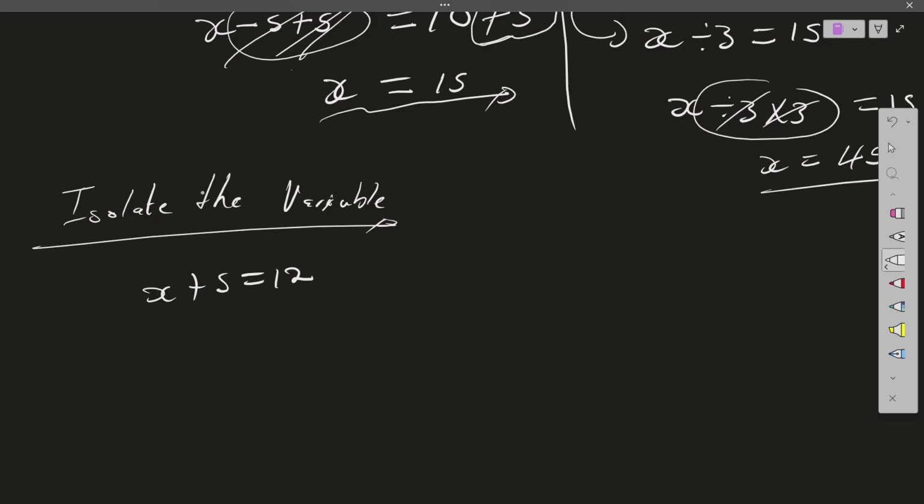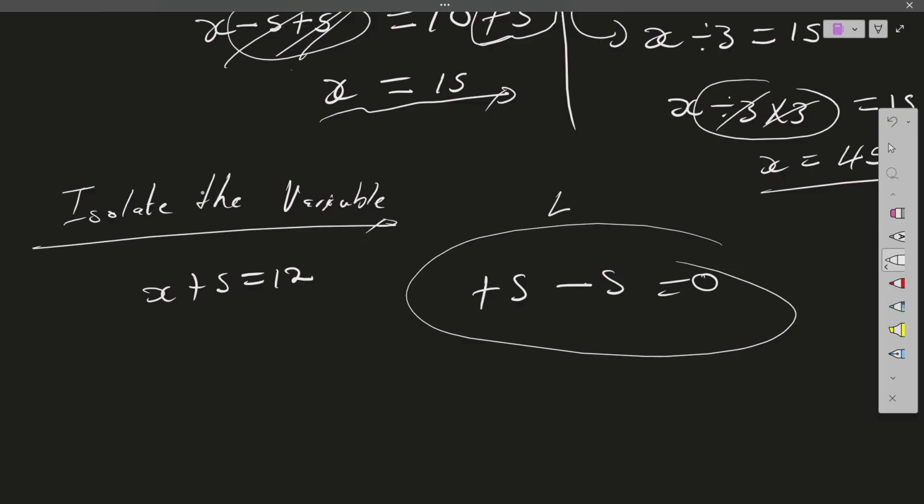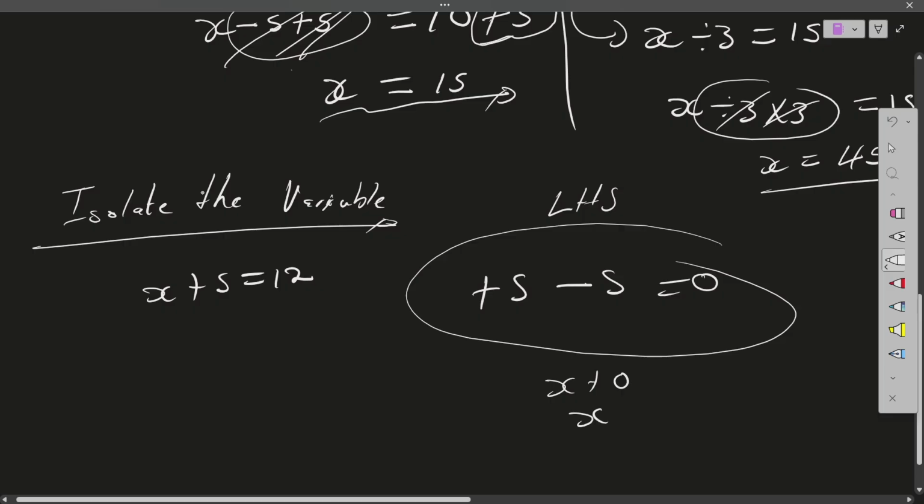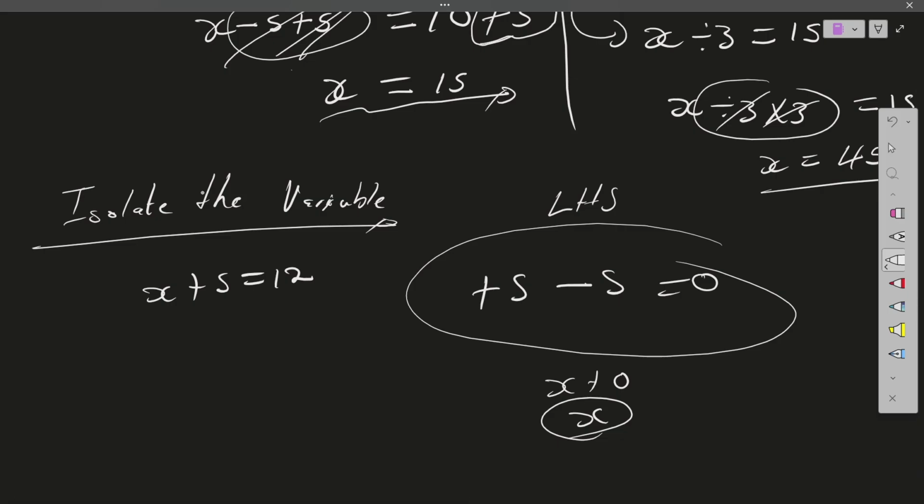The opposite of adding 5 is to subtract that 5, because plus 5 minus 5 is 0. If we can get the left hand side to say x plus 0, that is basically x standing alone. That is the idea of isolating the variable. We have discussed this openly in the previous discussion.